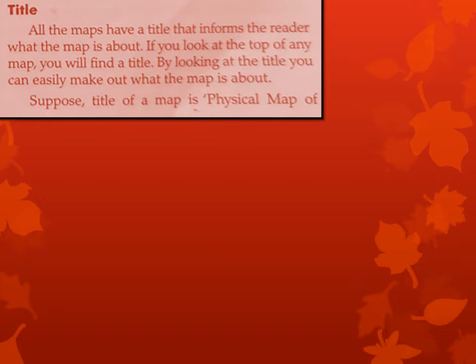The first component of a map is the title. All maps have a title, and by reading that title the readers can understand what the map is about. When you look at the top of a map, you will find a title, and by reading that title you can easily understand what the map is about.